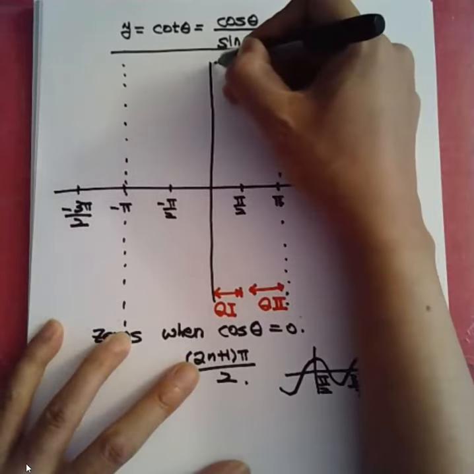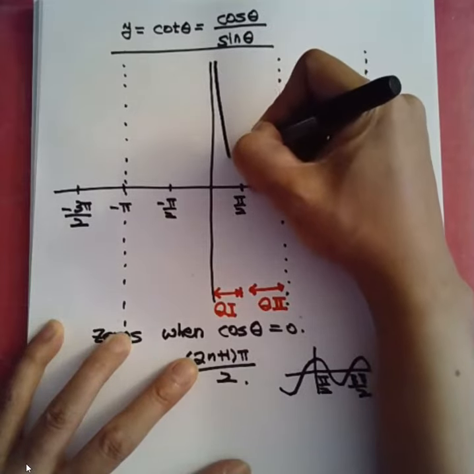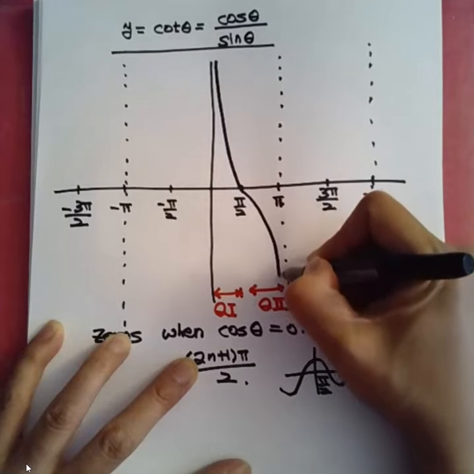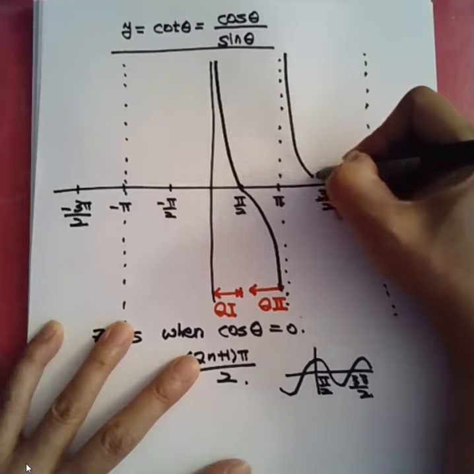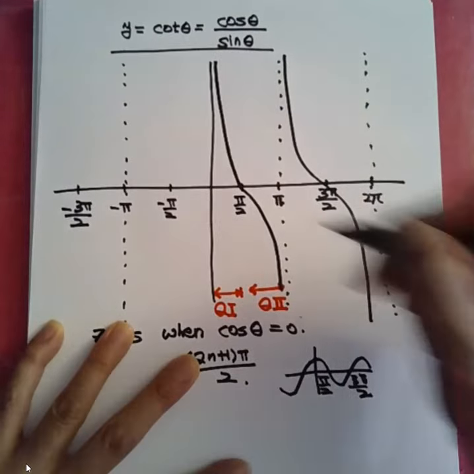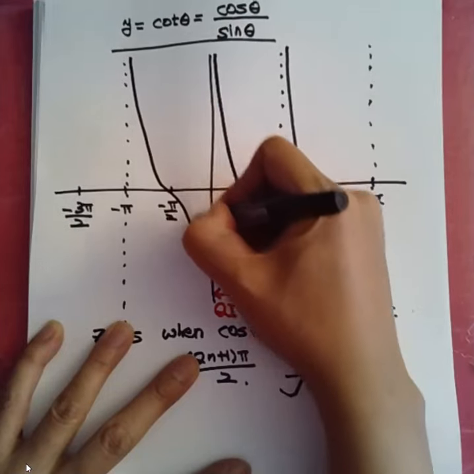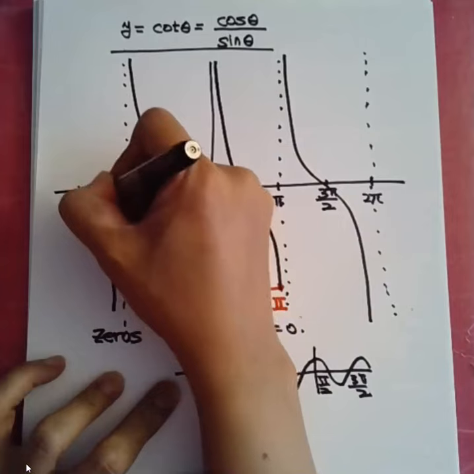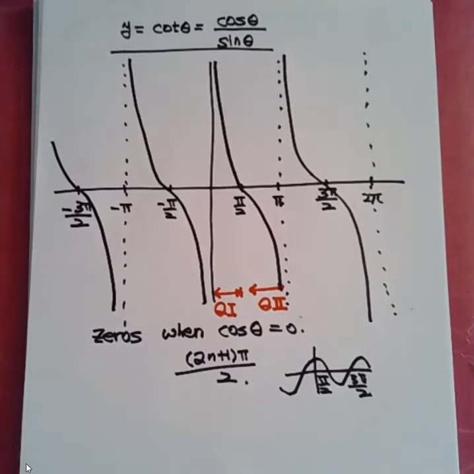So it rises when it approaches 0, and it falls when it approaches pi. That is the graph of cotangent.